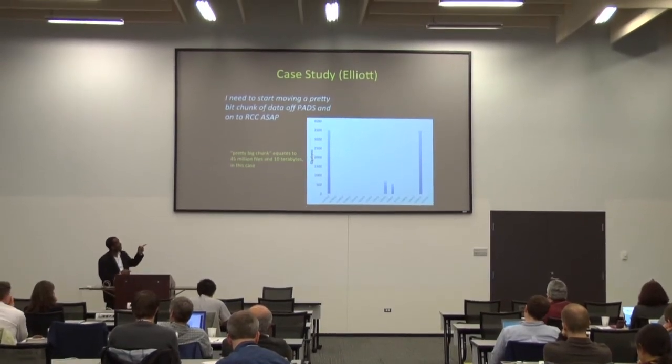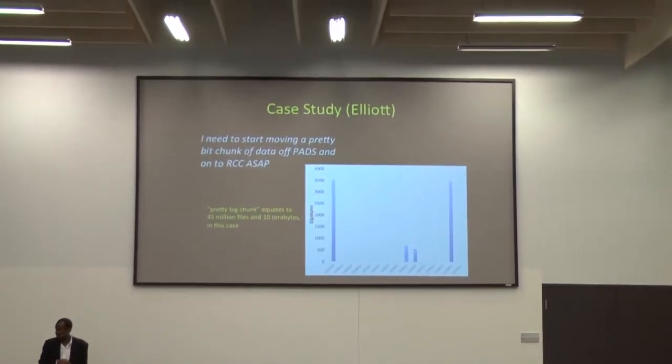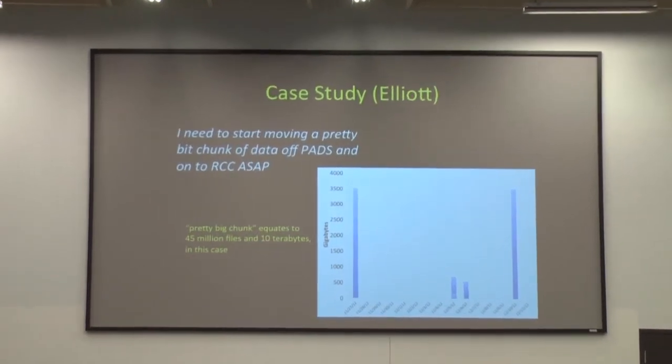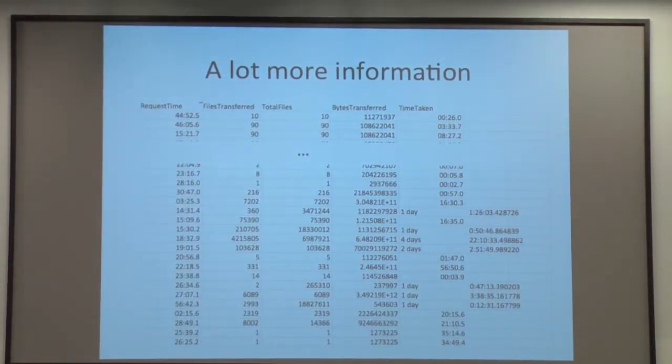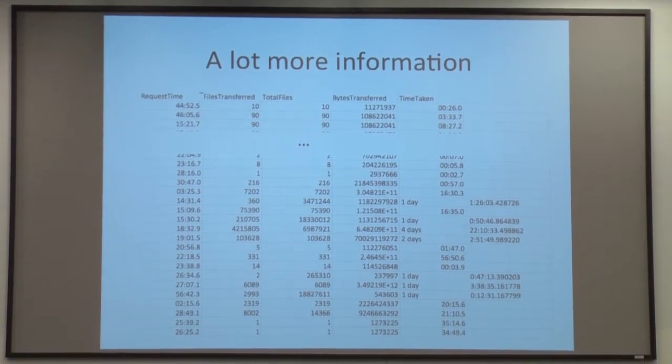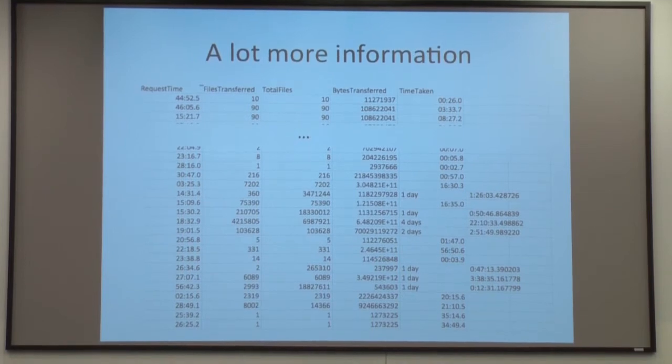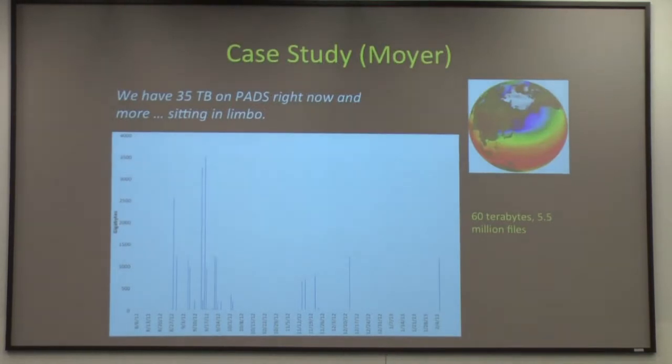And you could see here, same thing, 45 million files moved, 10 terabytes. The only thing I wanted to point out is that when you look at how many files are transferred per day, it really gives you a lot of useful information, because for us, sometimes we don't know when the system is down or the network is congested.